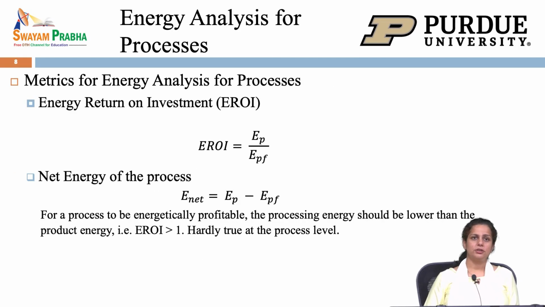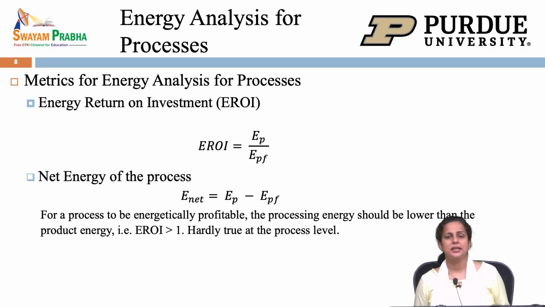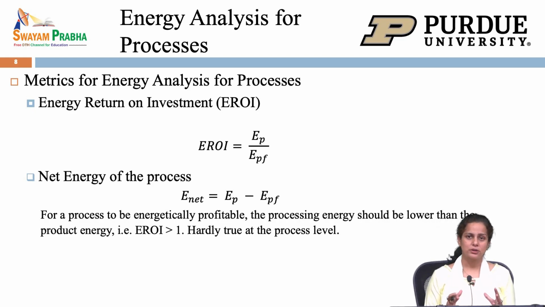Next metric for energy analysis is the energy return on investment. Energy return on investment is defined as EP divided by EPF. So, EP is your energy in the product and EPF is your energy for the processing. What this metric is telling us is that we have a process and we have the feedstock which has the energy EF, and we are investing additional energy of EPF, which is the processing energy, to convert it into the product.